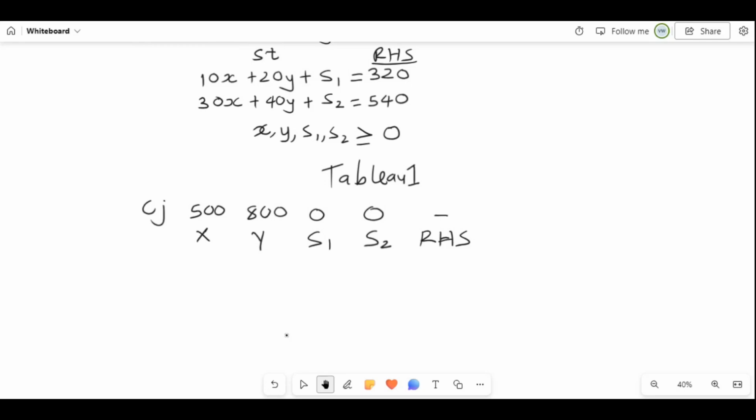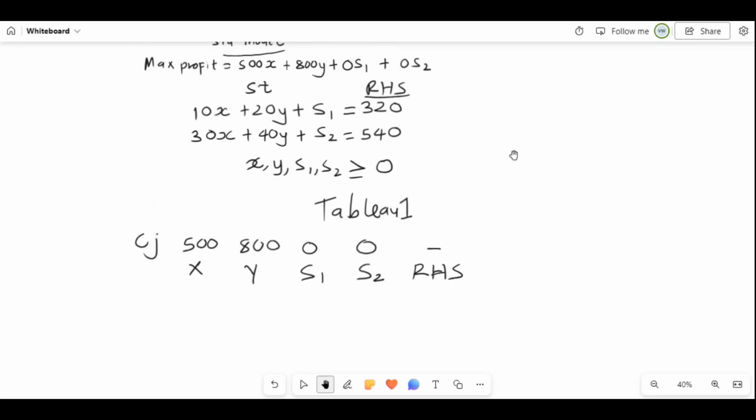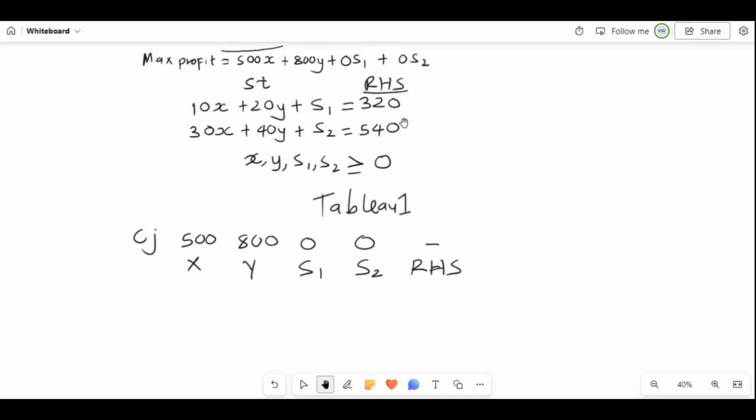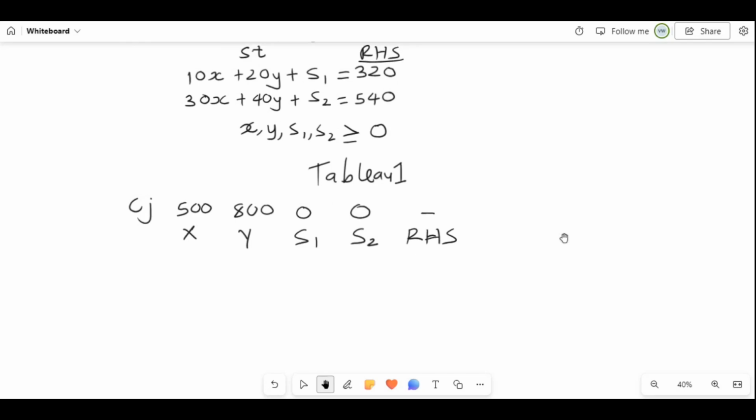So once I've introduced the CJ row, now I introduce our two slack variables to represent our two constraints. Because I have constraint 1 and constraint 2, I'll introduce the slack variable S1, and I'll also introduce the slack variable S2.